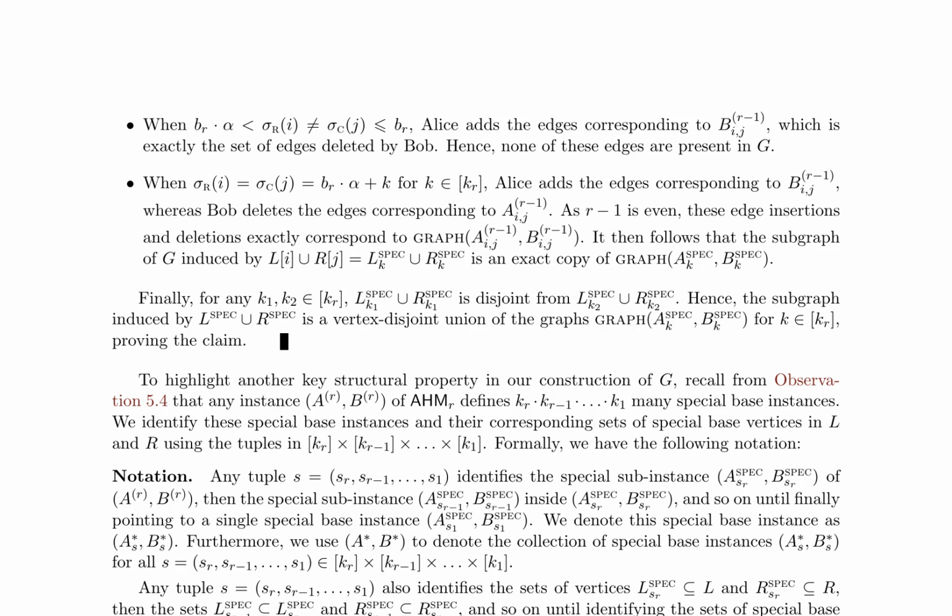Any tuple S = (S_r, S_{r-1}, S_1) also identifies the sets of vertices L-spec(S_r) ⊆ L and R-spec(S_r) ⊆ R. Then the sets L-spec(S_{r-1}) ⊆ L-spec(S_r) and R-spec(S_{r-1}) ⊆ R-spec(S_r).